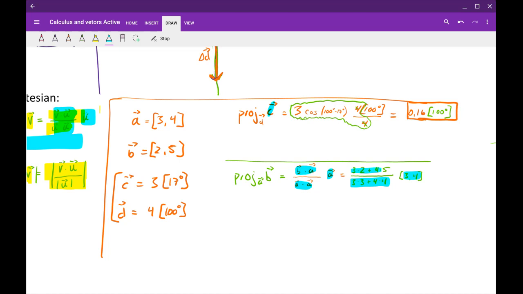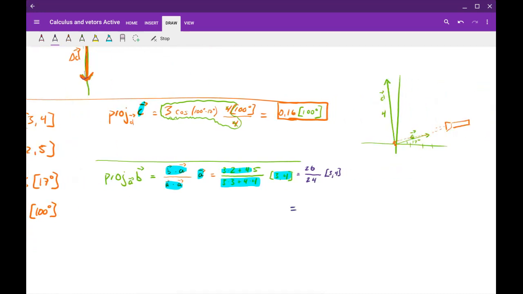And now if I just calculate all that out, I'm getting 26 over, what's 9 plus 16? 9 plus 16 is 25. And then I've got 3, 4.